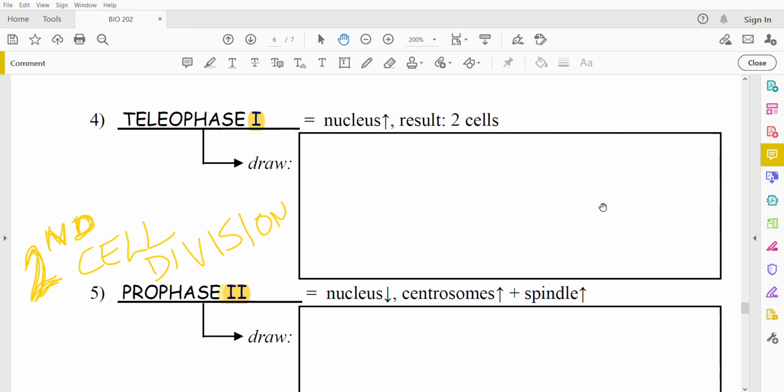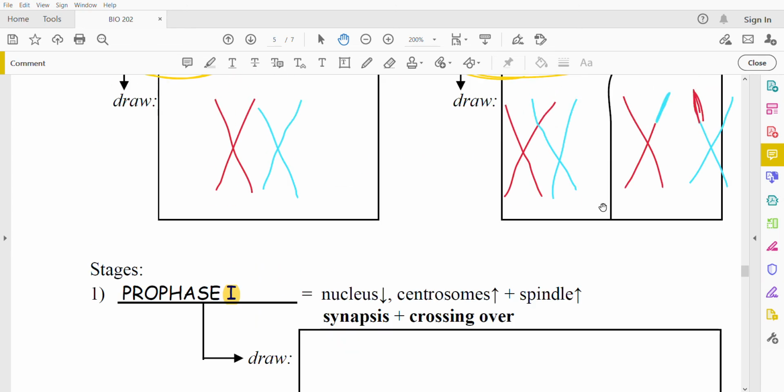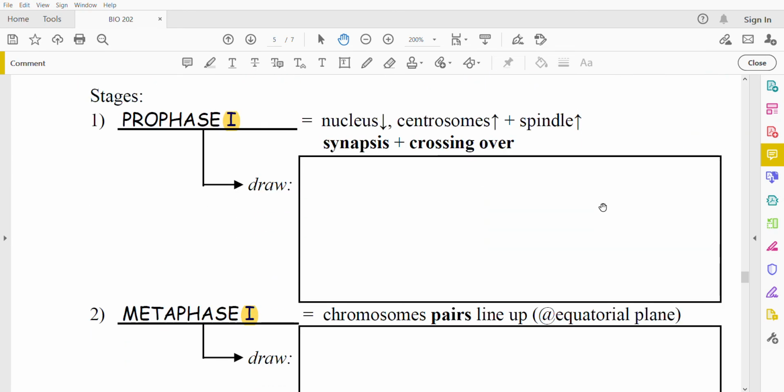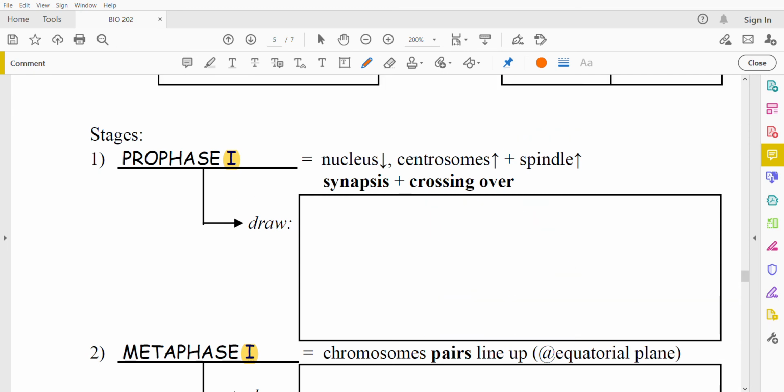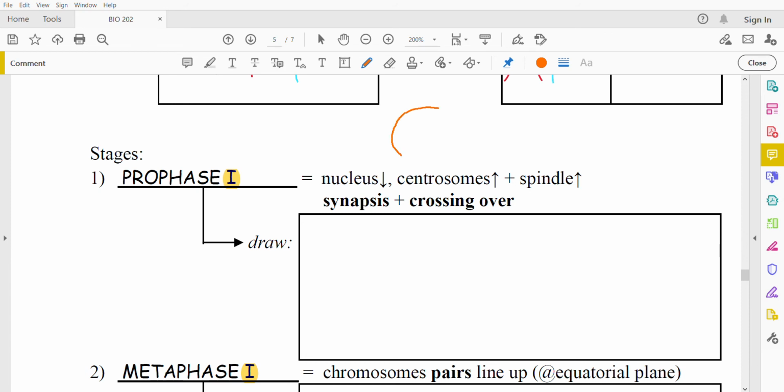But let's have a look at each stage of our meiosis. And we're going to start with the prophase. And here we have our initial cell. And again, I'm going to draw one of the very early cells that we see before we go through the meiosis as well, just so I can highlight what happens here.